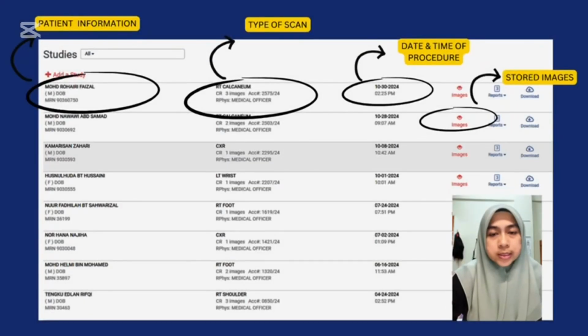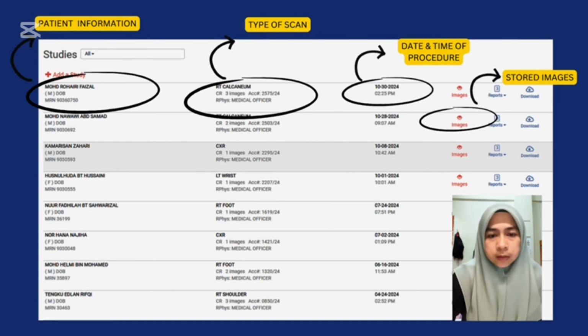So as you can see in this figure, it shows one example of the radiology information system. It has all the patient information such as name, identification number, and date of birth. Okay, it also includes the type of scan, date and time of the procedure, and also has the part where they store the images.